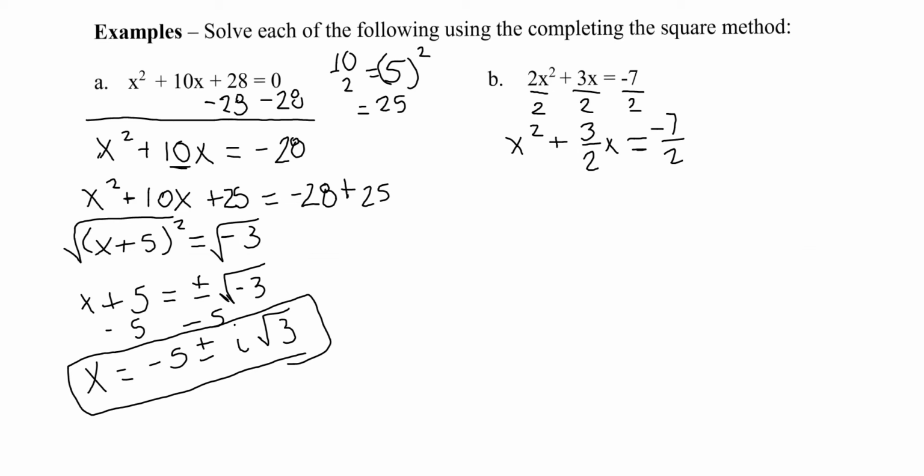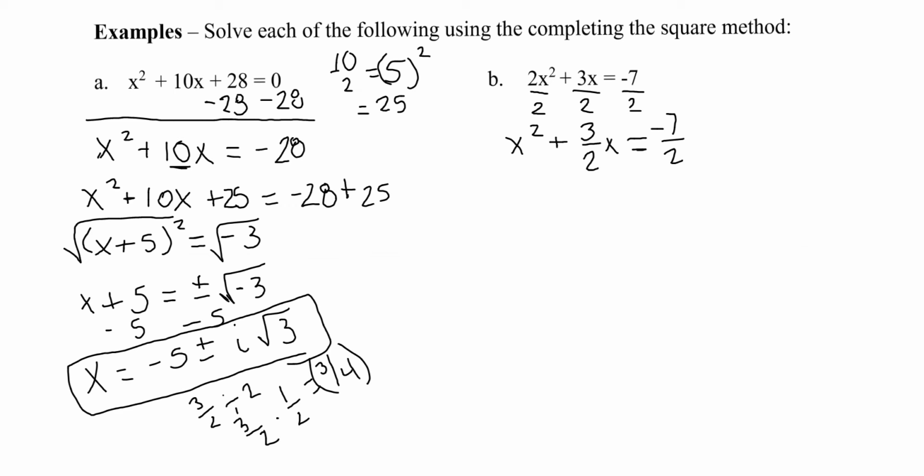Now I need to find my b term here. So I'm going to write down here so I have space, 3 halves, and I want to divide it by 2. Remember, dividing by 2 is the same as multiplying by the reciprocal when you deal with fractions. So I'm going to multiply by 1/2, and it's going to give me 3/4, which I have to now square.